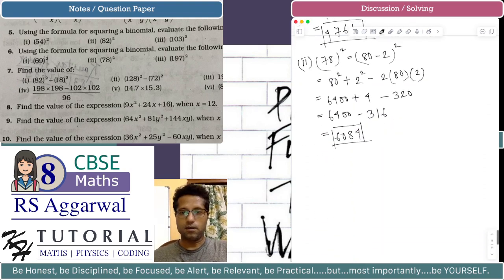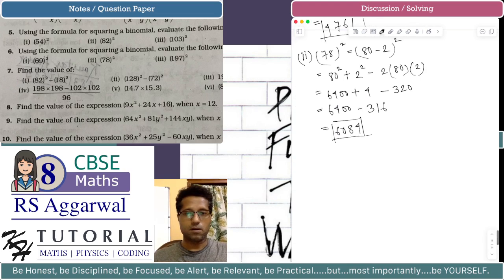Okay, let's do part 3. It is 197 square. Now definitely I would like to write 197 as 200 minus 3 square.